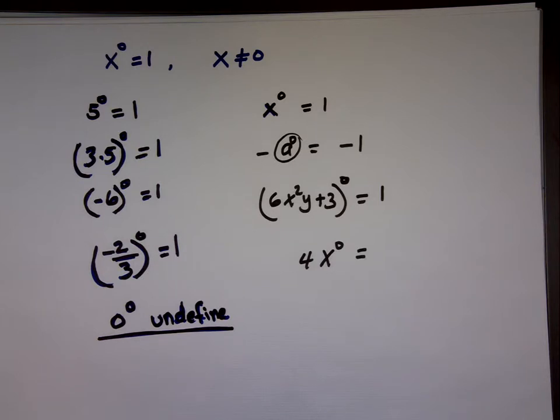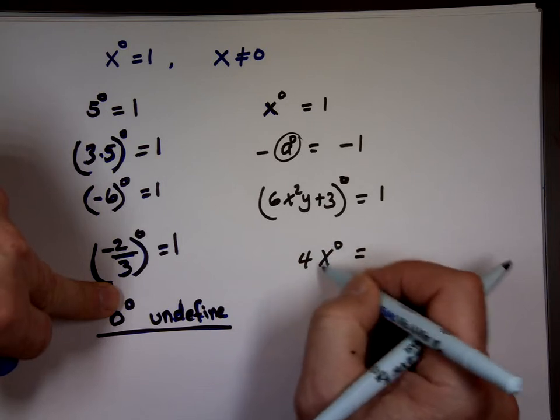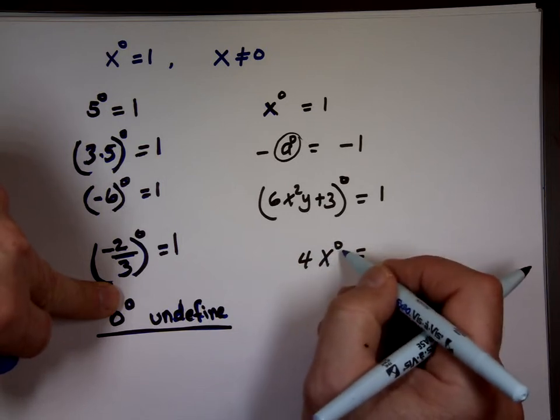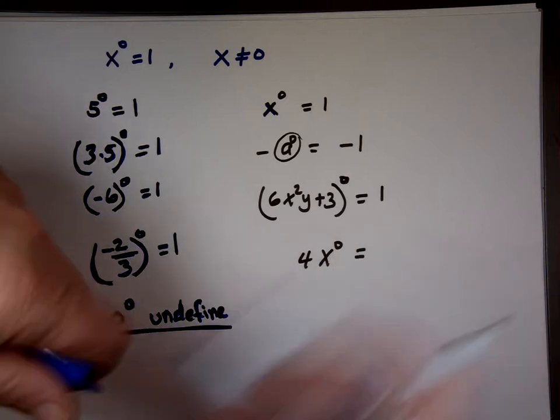Because anything to the 0 power is 1, right? Jamie, you said 5. Why 5? Because I think just x is to the 0 power. Okay, if you think just x to the 0 power, so what's the answer to this? That's 1. And that's a multiplication, not addition. So 4 times 1, then your answer should have been 4.